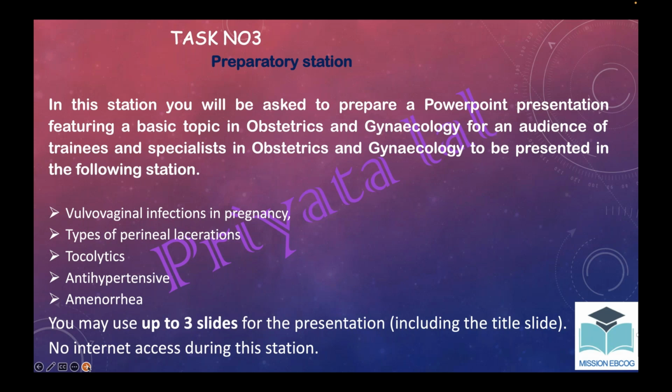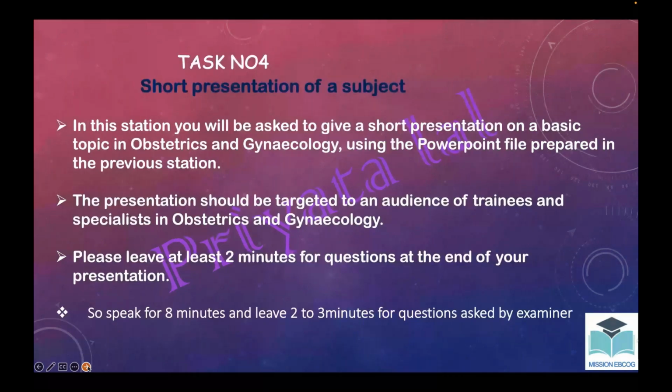Now when you move to the next cubicle, then you have to speak. They will tell you this is the topic given. The target audience is trainees and specialists in obs and gynae. So you have to present the topic.